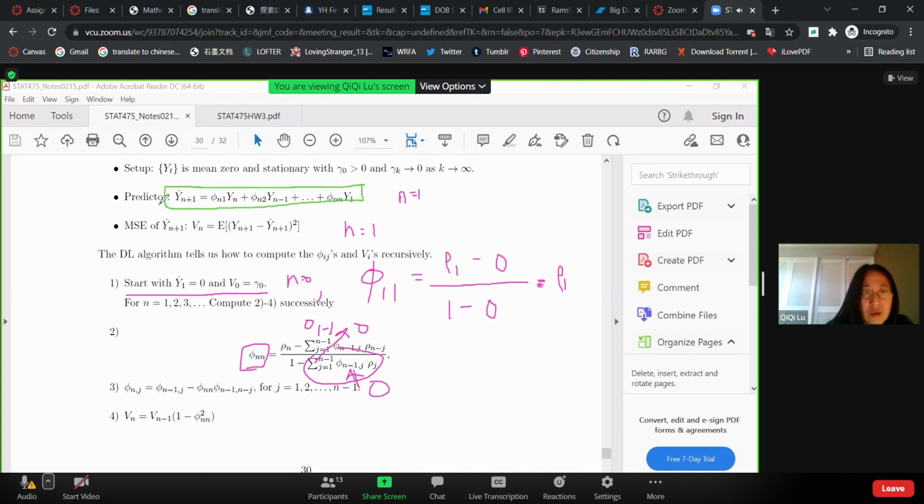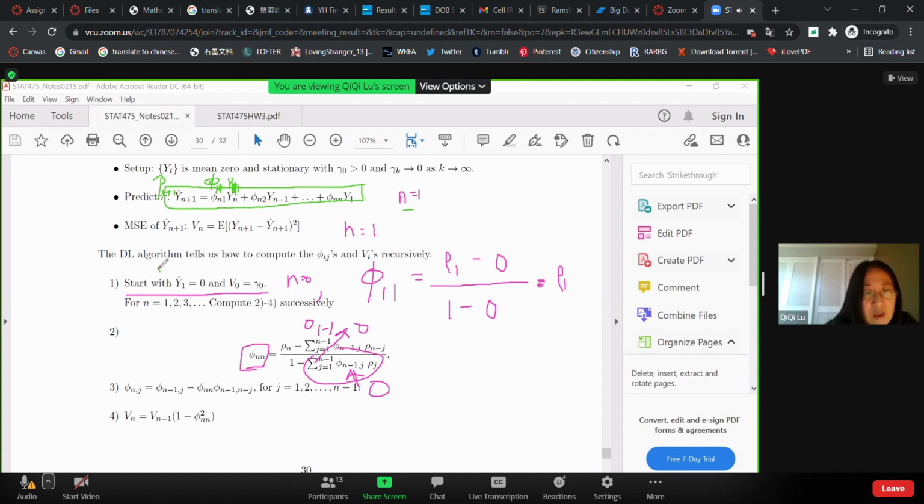So basically you want to do y2 hat, that's y(n+1) hat equals phi11 yn. So n equals 1, you have y1 here.